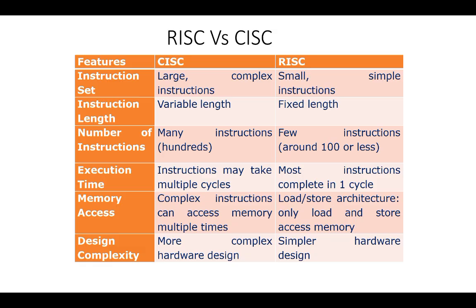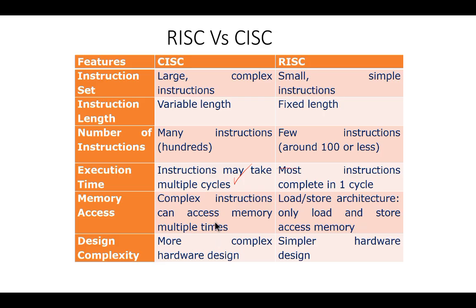The number of instructions in CISC is many, around 100 or more, whereas in RISC we have few instructions, around 100 or less. For execution time, some CISC instructions may take multiple cycles, whereas in RISC each takes one clock cycle.